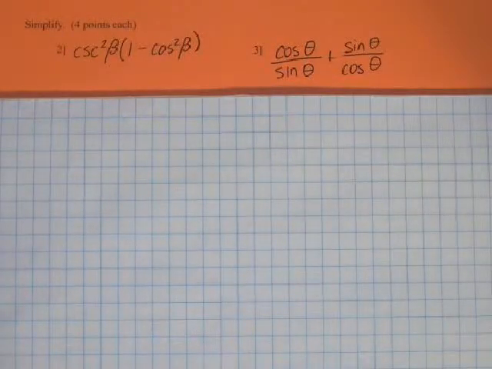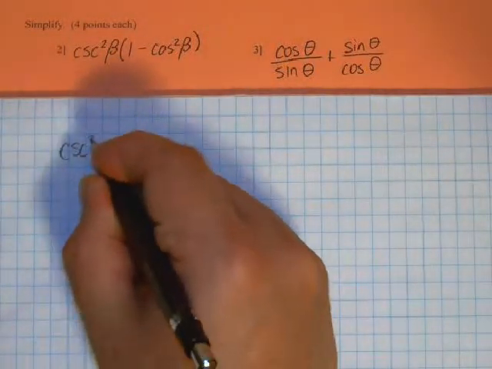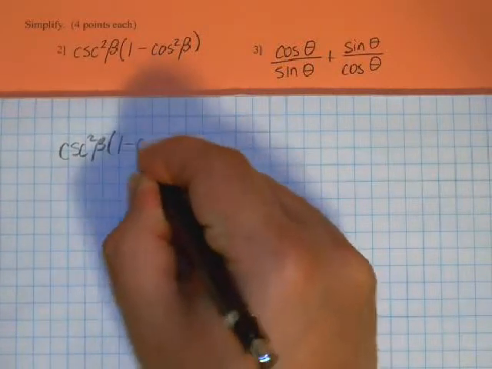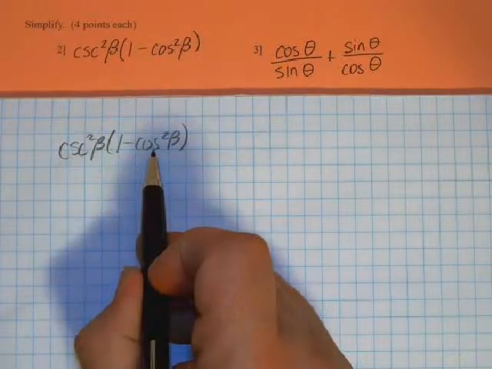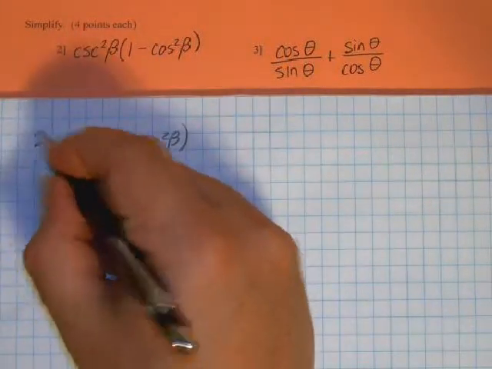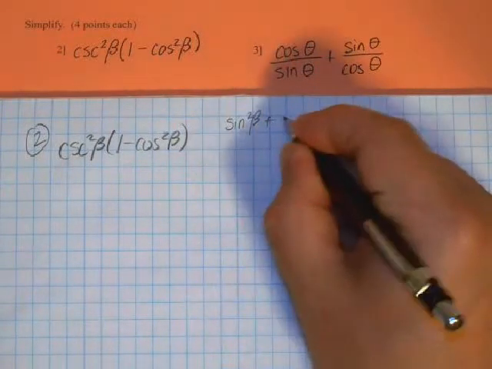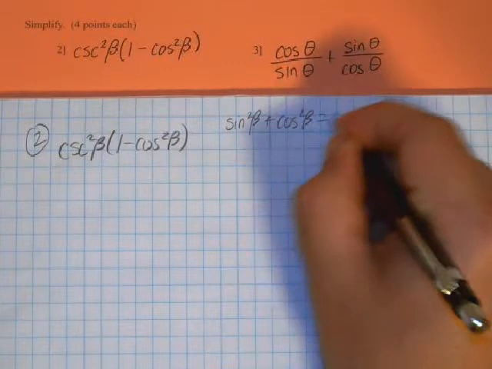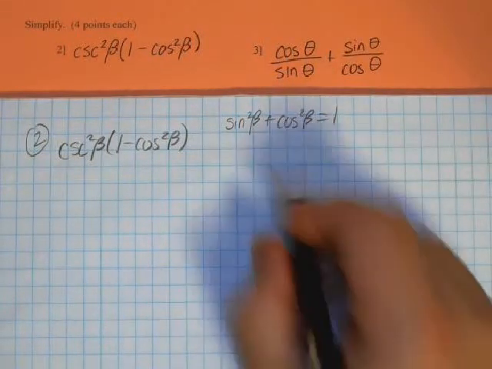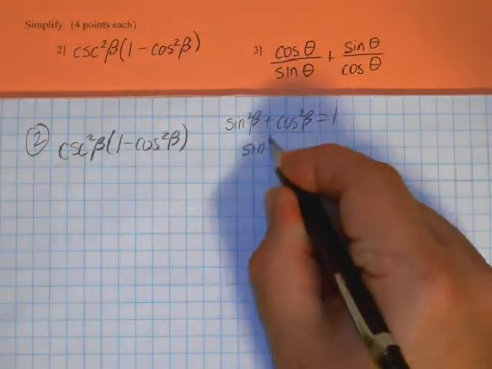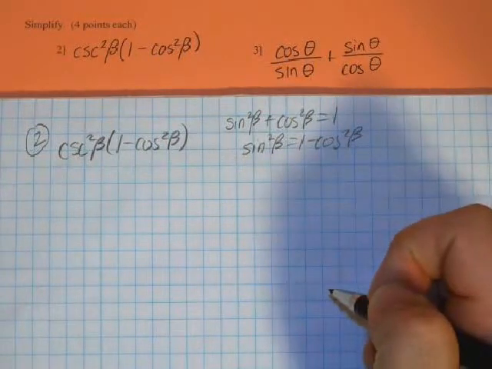Okay, then we were simplifying trig identities. For the first one, we can easily rewrite 1 minus cosine squared. Recall that sine squared plus cosine squared equals 1. If I subtract cosine squared from both sides, I get sine squared equals 1 minus cosine squared.